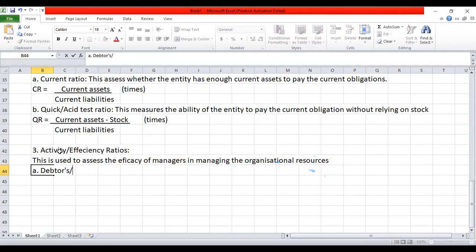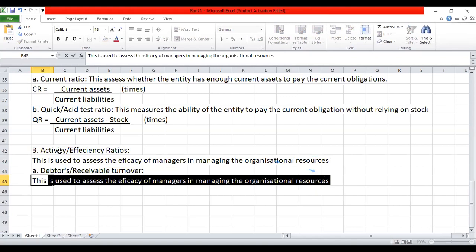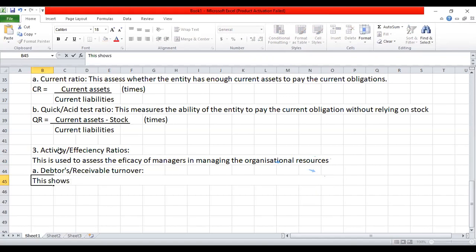It shows the number of times or days receivables are turned into cash.